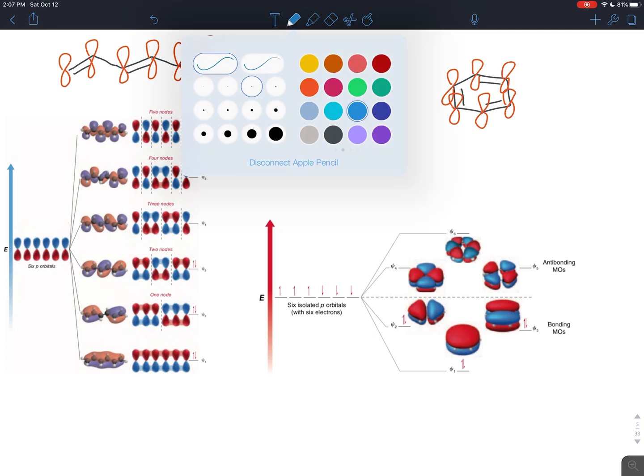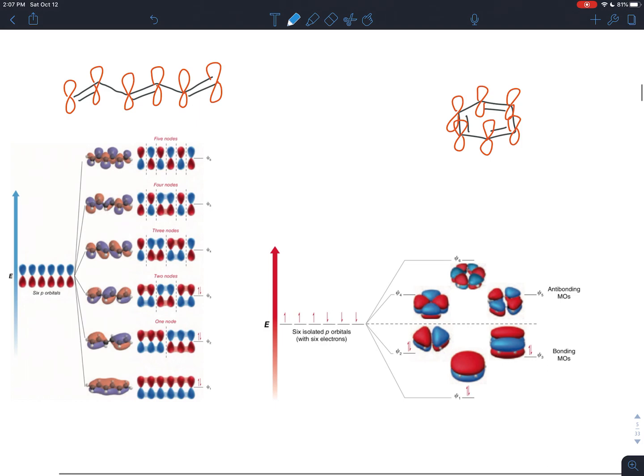Whereas before, there was only one way to get a node going through the center. There's only one way to get one node. In a ring, there are two ways to get one node. You could have a node going through the bonds, and so that's like this over here, that molecular orbital there.